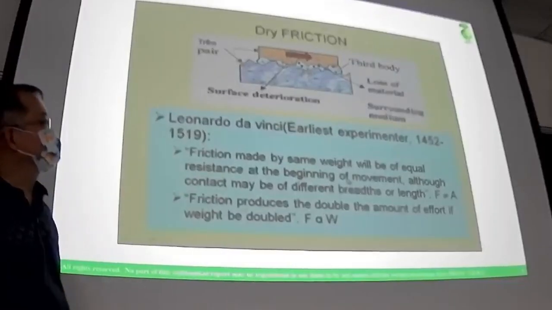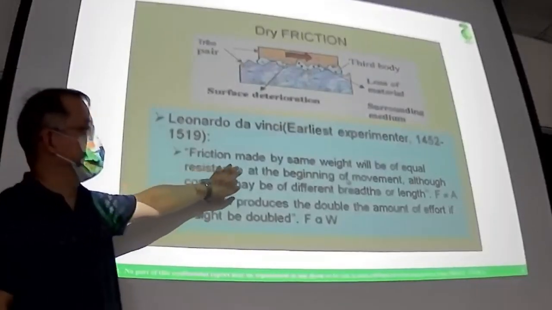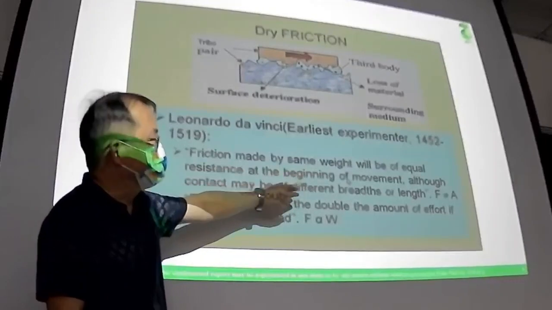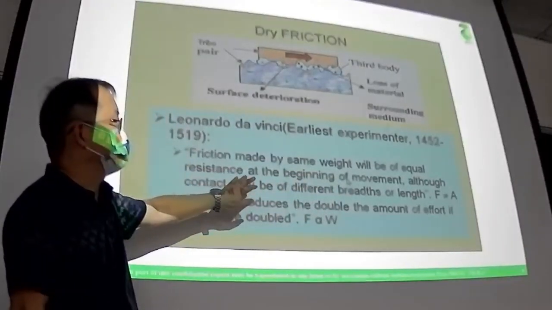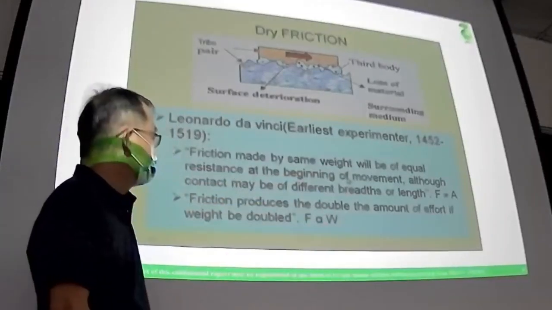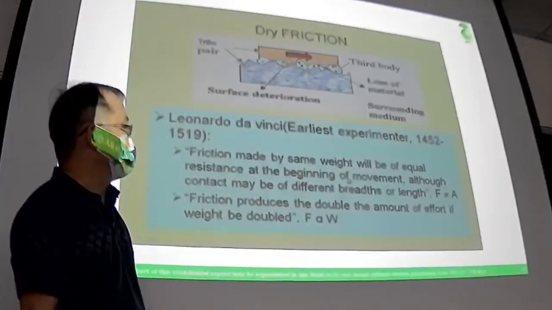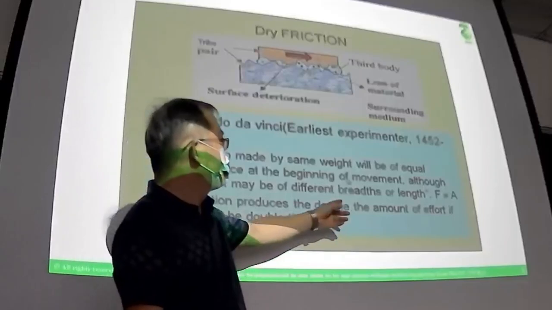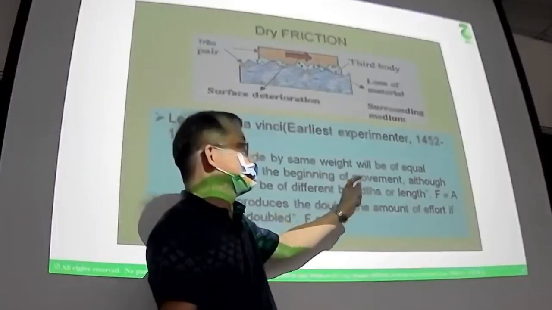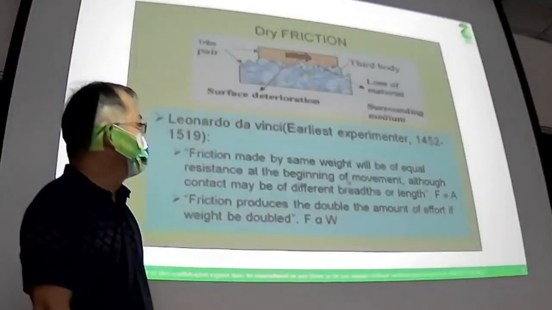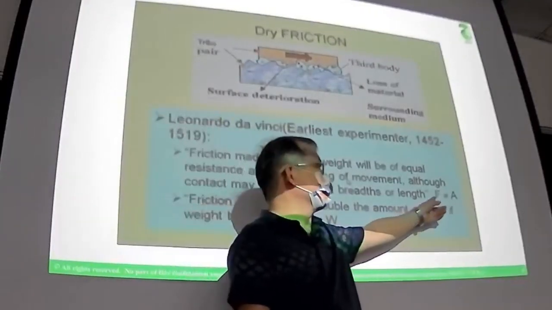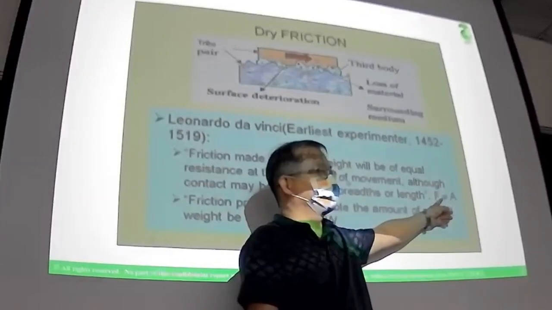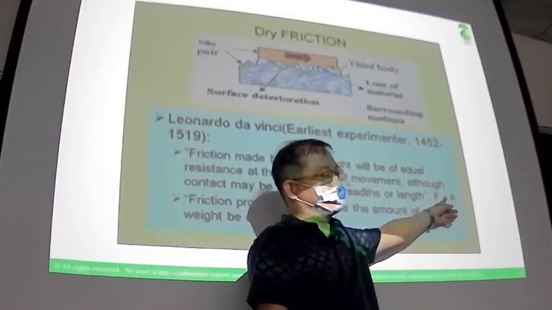And friction made by same weights will be of equal resistance at the beginning of movement, although contact may be of different breadth or length. Okay, so this means that friction force is independent of the contacting area.